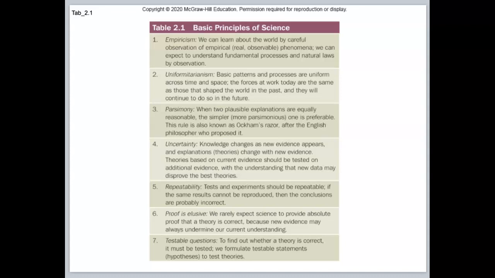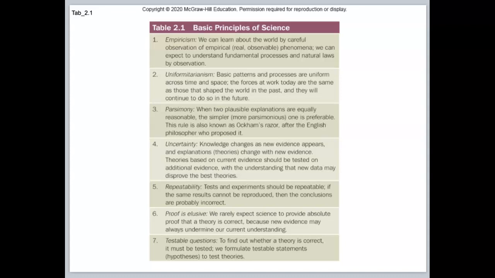That's called uniformitarianism. If there are multiple potential explanations, then what we normally try to do is to pick the simpler one. That's called parsimony. So always try to go with the simpler explanation.